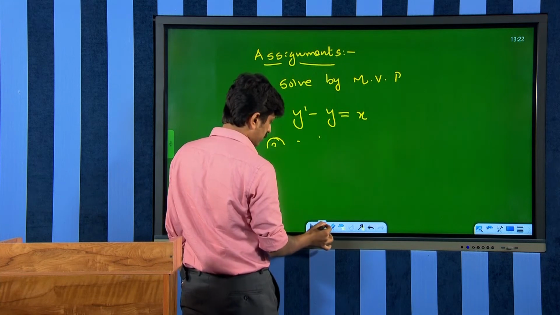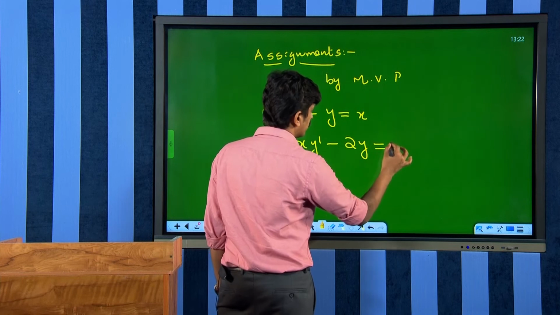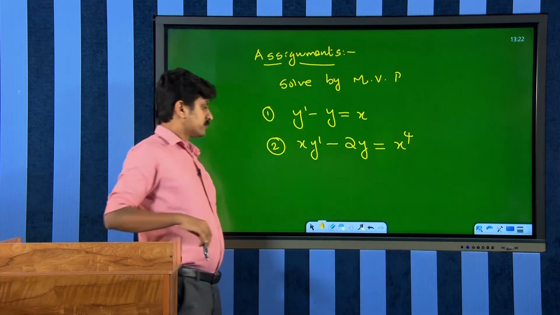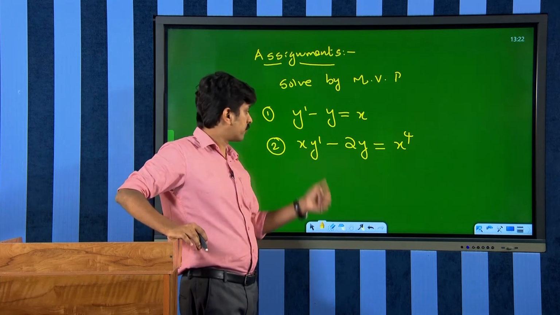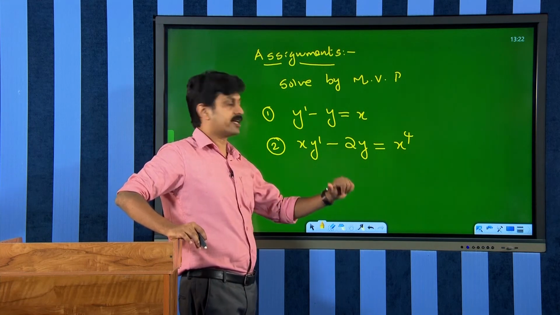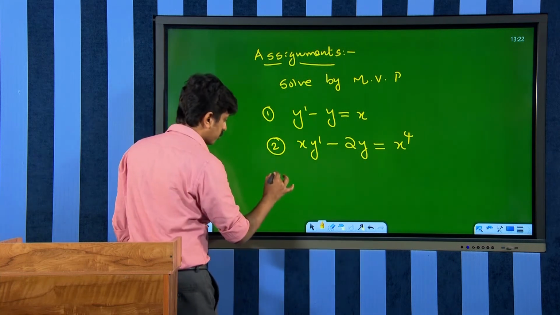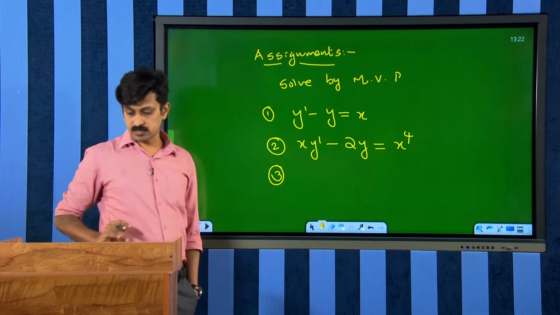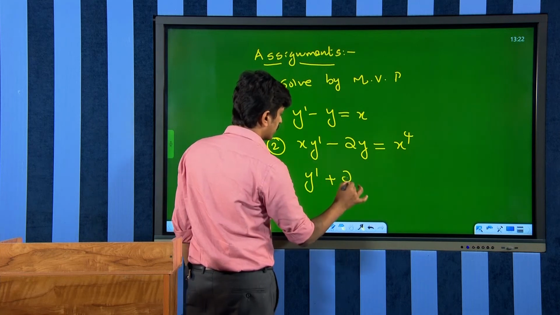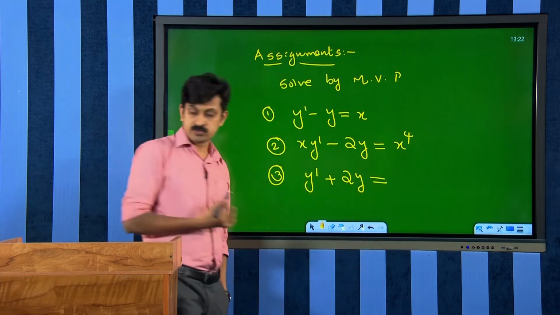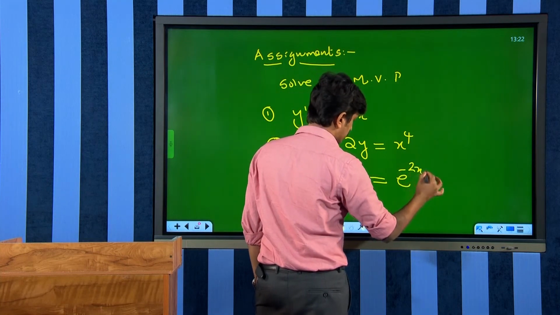Here we have to divide all terms by x, so we will have y dash minus 2 by x into y is equal to x cube. That also you can do by the method of variation of parameters. And one more question, y dash plus 2y is equal to e raised to minus 2x.